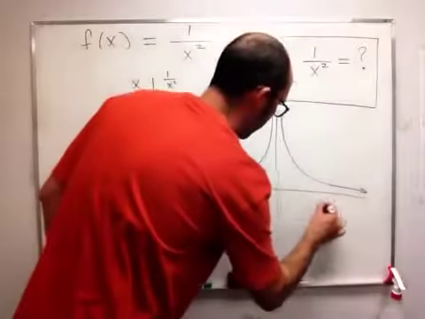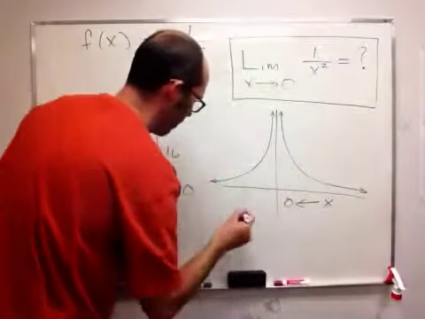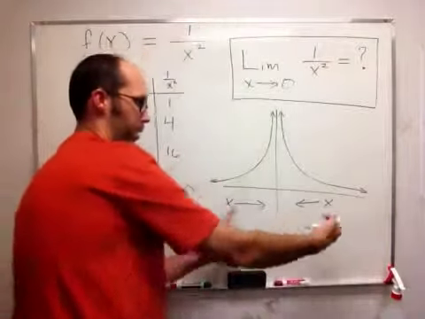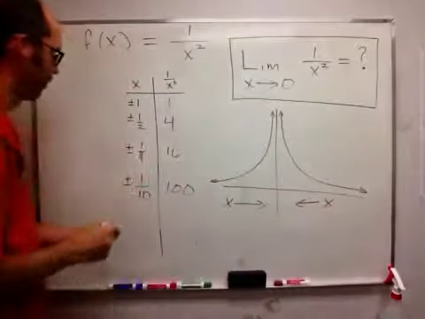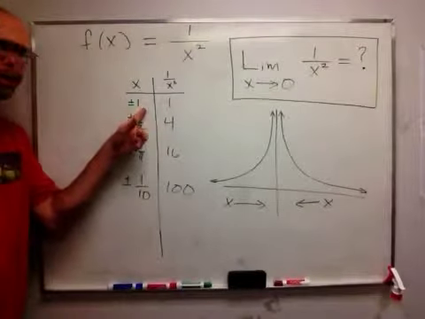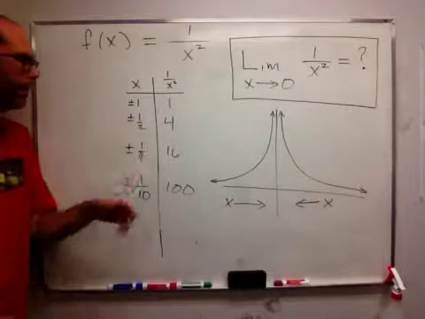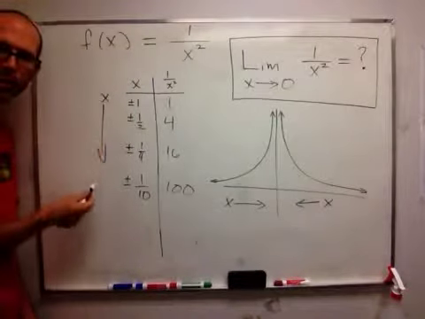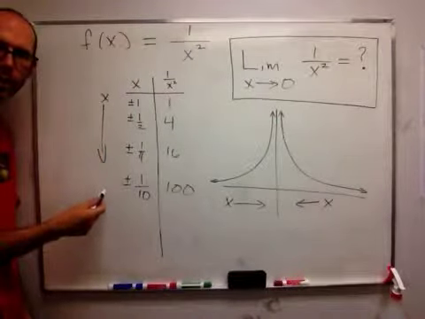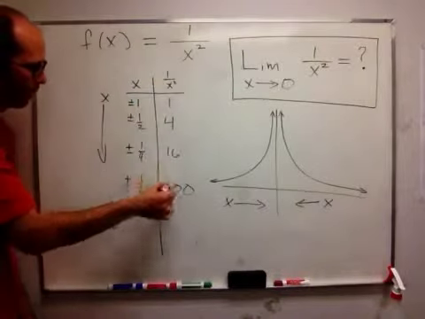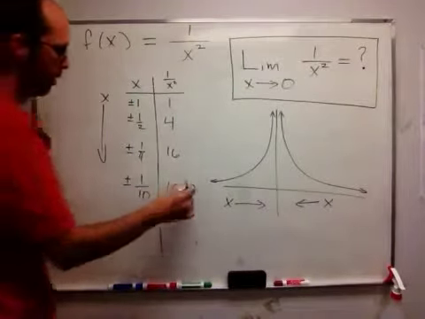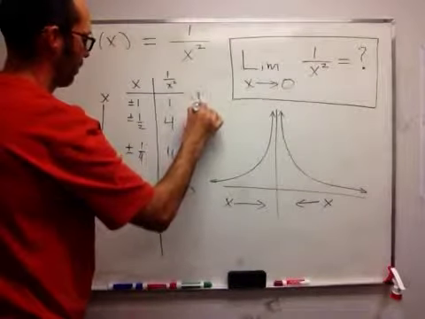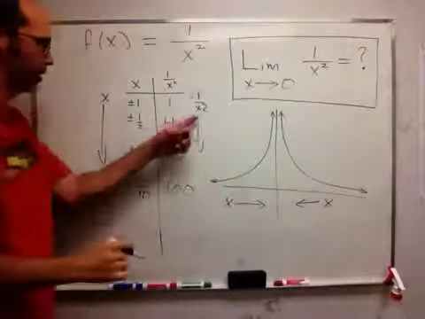As x approaches 0, see, 1 is much bigger than a 1/4, right? So here we have x approaching 0. It's getting closer to 0. As x approaches 0, 1 over x squared, this thing just gets gigantic. This thing gets huge.